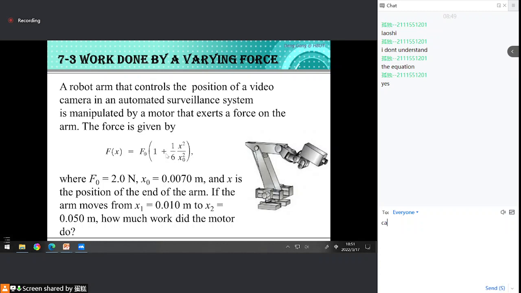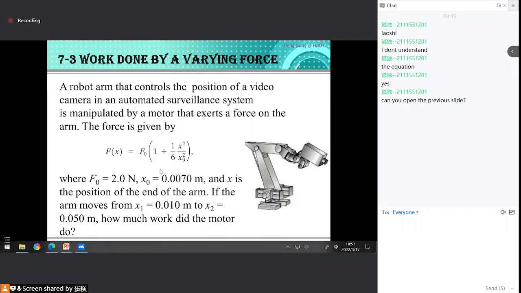It's a robot arm, and the force is programmed to work like this. So is that clear? It's not a physics question, it's just like a program that controls the work.